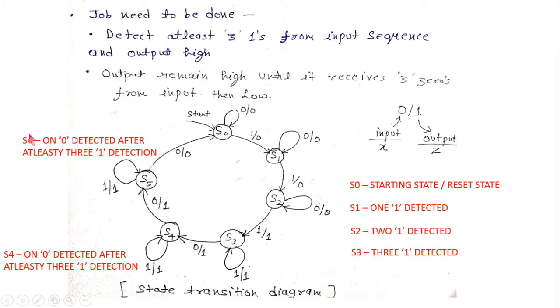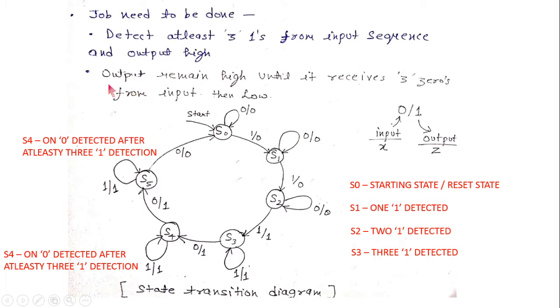This is state 5. It represents 2 zeros detected after at least 3 ones detection. Again if we get 1 here, it will remain in this state.